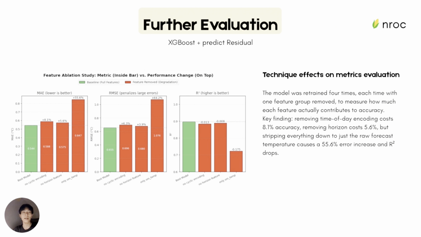And we have also run some feature ablation study where we try to subtract some pre-processing technique and some feature from the model, and the model was retrained four times, and the result is pretty clear that what we have built so far is the best, and the feature is not overfitting at all.